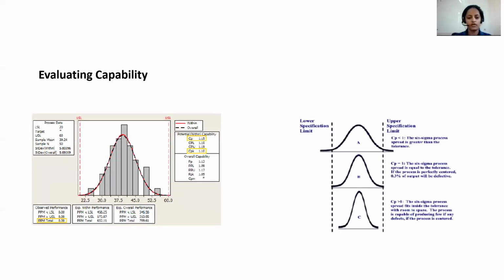Coming to evaluating capability, we need to understand the CP and the PP indices, like I'm showing in the graph. The CP and the PP indices define the tolerance and the Six Sigma process.